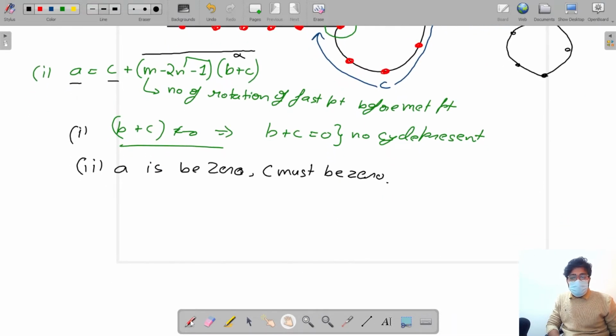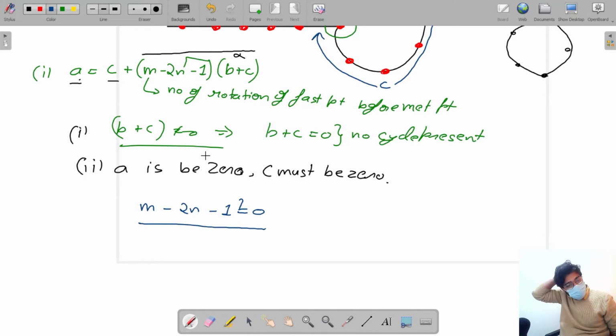Now understand this thing. This is 0, this is 0. So I can say that M minus 2N minus 1 is equal to 0, right?